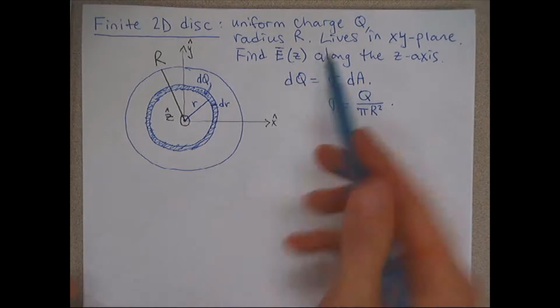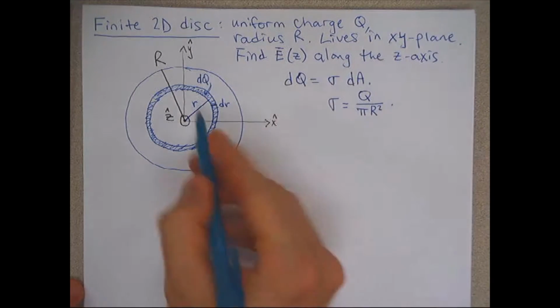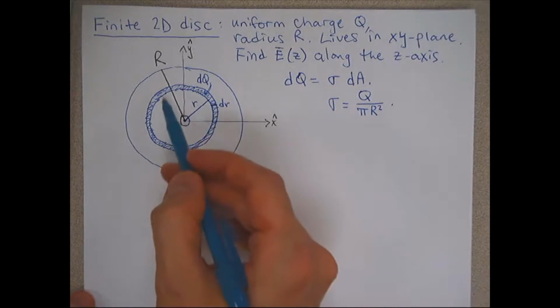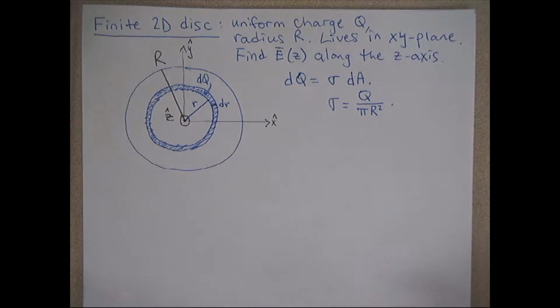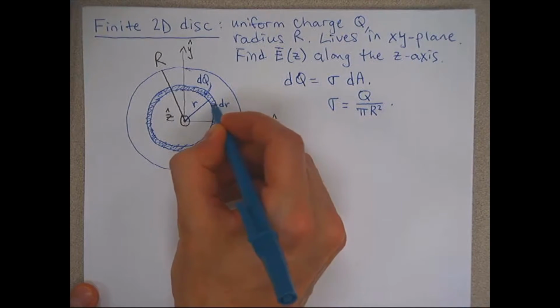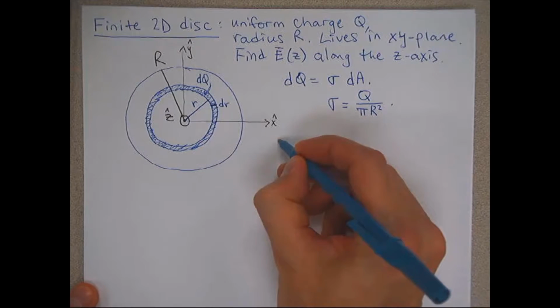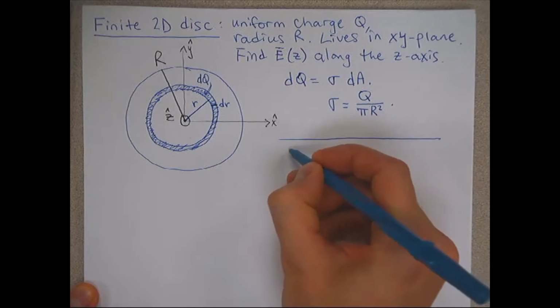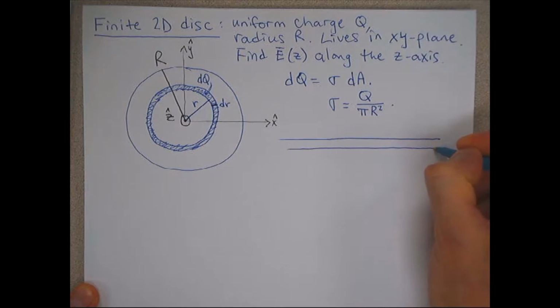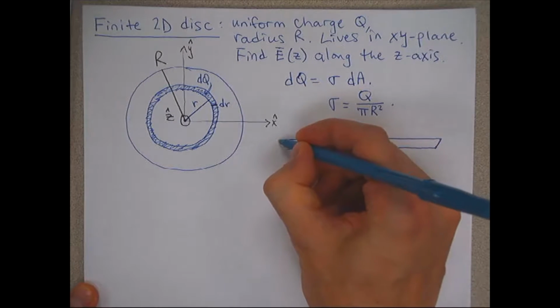Knowing this, to determine how much charge is sitting on that ring, we need to know how much area the ring takes up. Imagine slicing it right here and just laying it out flat. I'll exaggerate the shape of it.